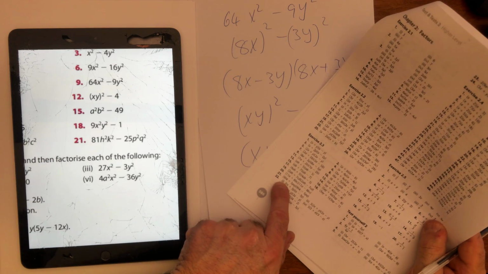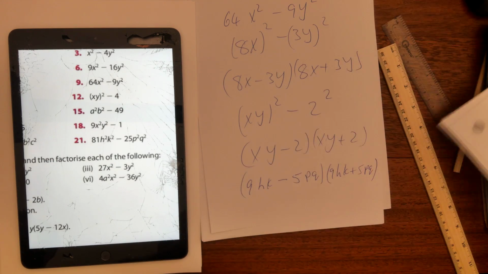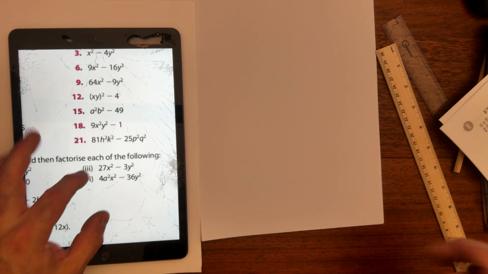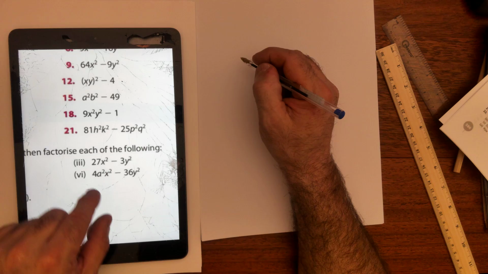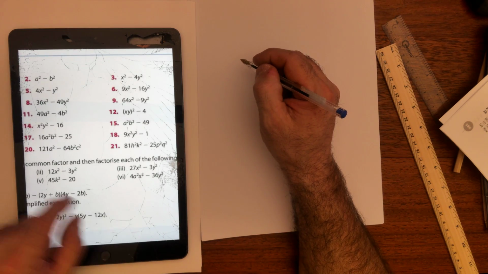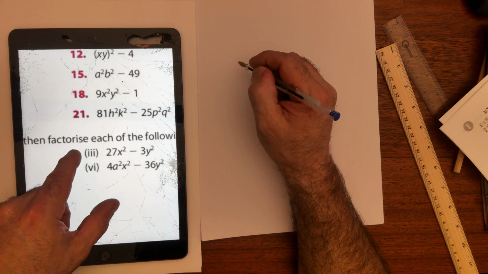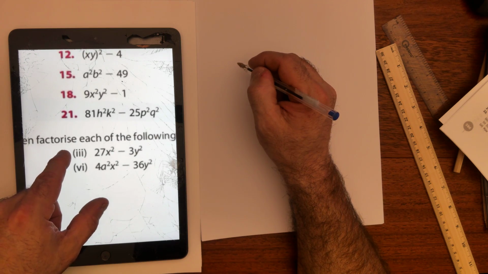Number 21, (9hk plus 5pq). Now, we'll do 20, no we won't. You look at that and neither of them are, so let's look at the next one.